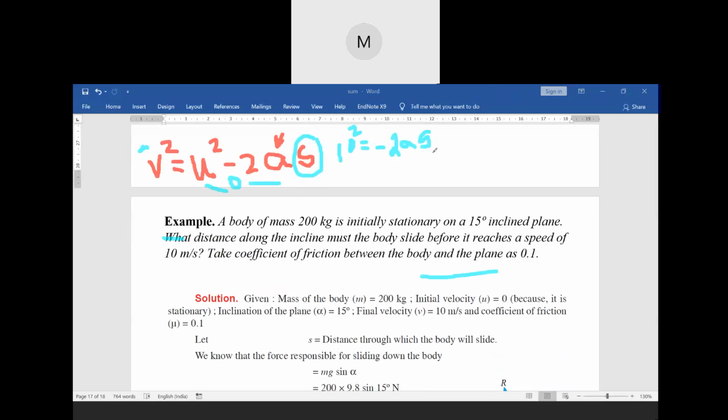Now here it is coming as minus, but distance cannot always be negative. Sorry, this S is distance. Distance can't be negative, so ignore the minus sign. Just write 10 square equal to 2AS. From that you can find out S, because you know A.